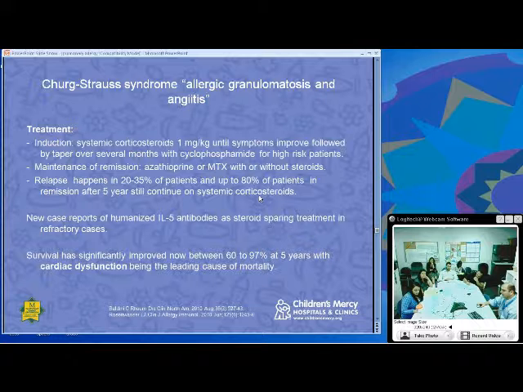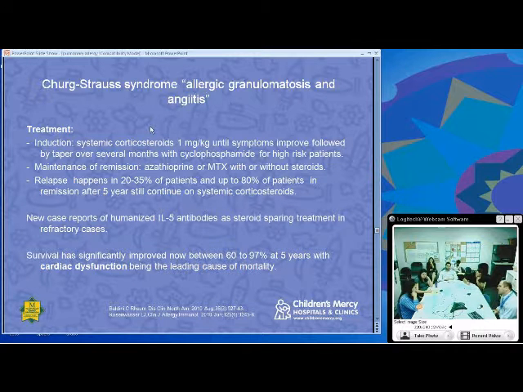Treatment. The treatment is very complex because a lot of patients that have Churg-Strauss have had multiple remissions, but it also seems that with newer treatments, relapses have decreased. Initially, you have your induction therapy, where you use systemic corticosteroids, similar to ABPA. You need systemic corticosteroids for a long time.